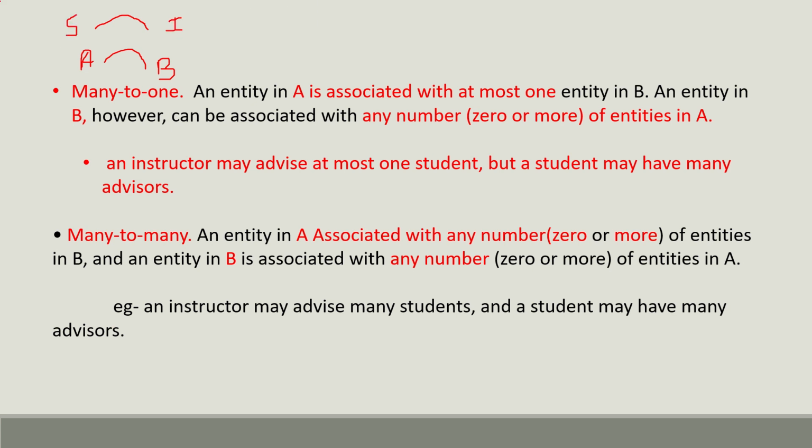So here we can write with example from the entity set S to entity set I. S means set of students, I means set of instructors. So this is a many to 1 relationship.